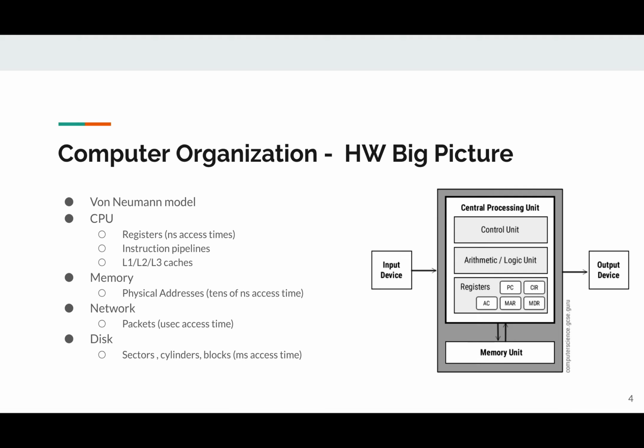It might also comprise an arithmetic and logic unit that might perform certain arithmetic operations. And it might also have registers, which are tiny parts of memory that the computer can utilize to keep something in a way that it can be accessed very quickly.